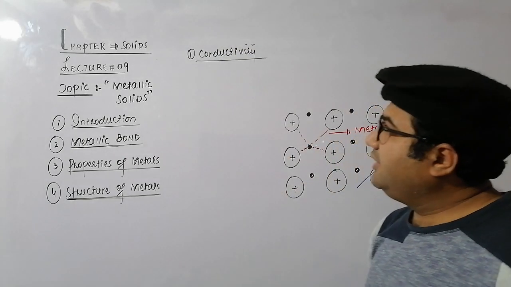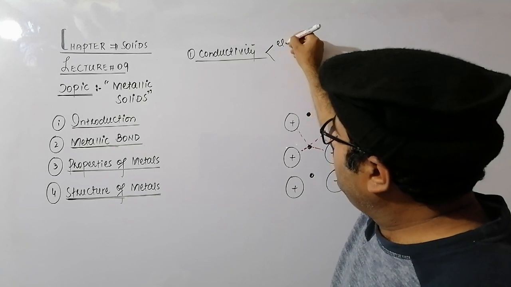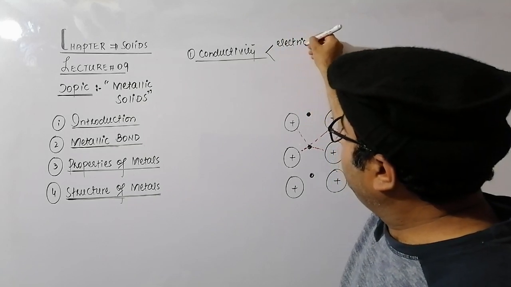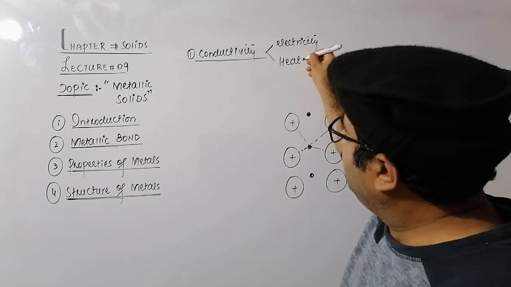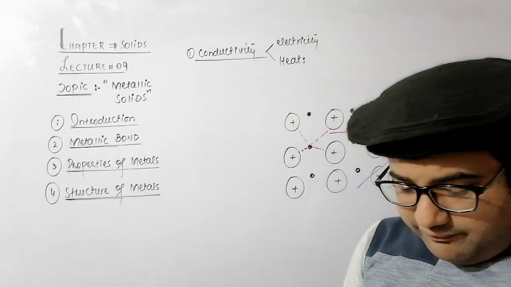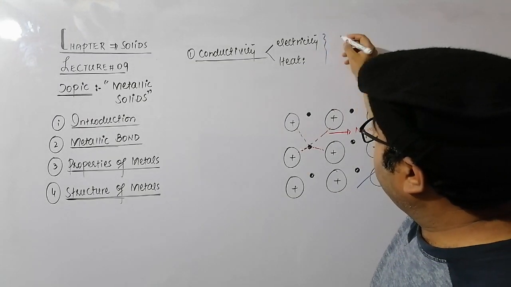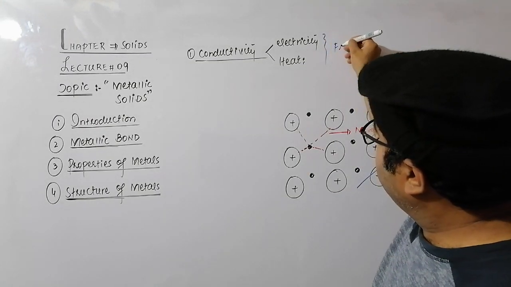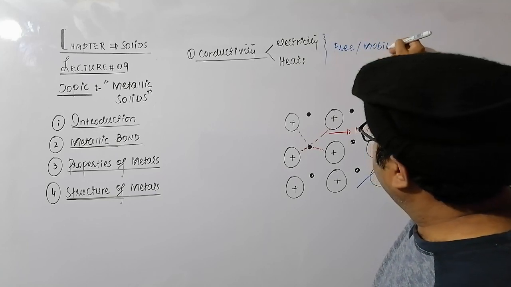And all of you know that metals are excellent conductors of both electricity and heat. And the reason for both these conductivities is the free or mobile electrons.